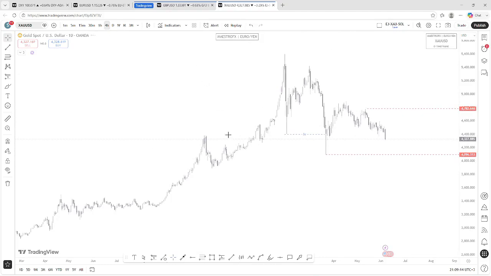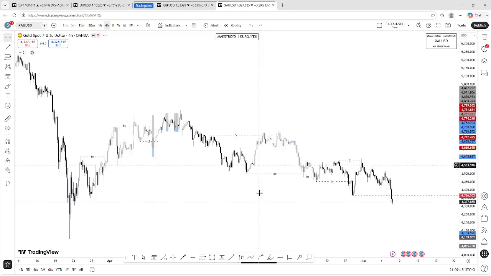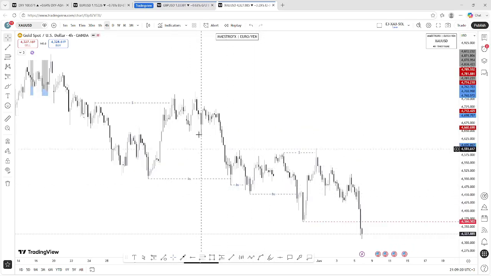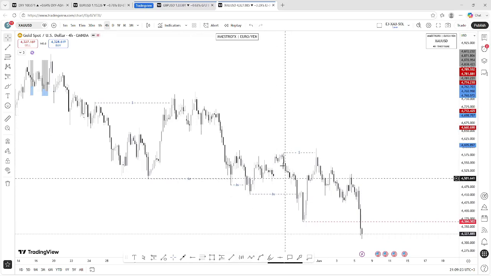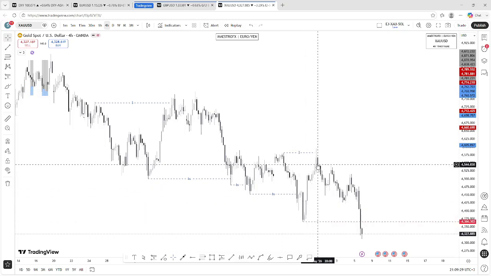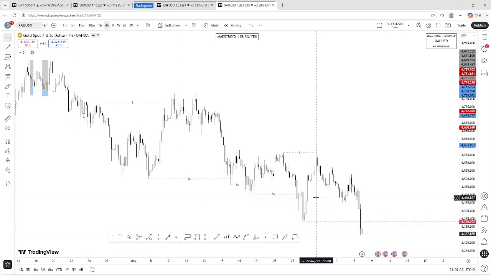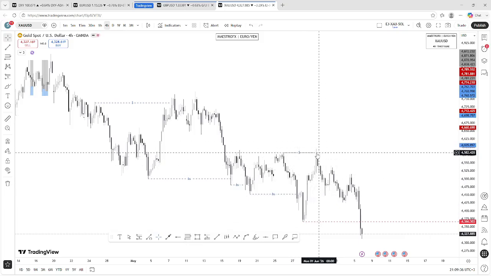Let's head over to 4 hour. On 4 hour, you can see that last week we had this break of structure, and yes, this was on Friday.